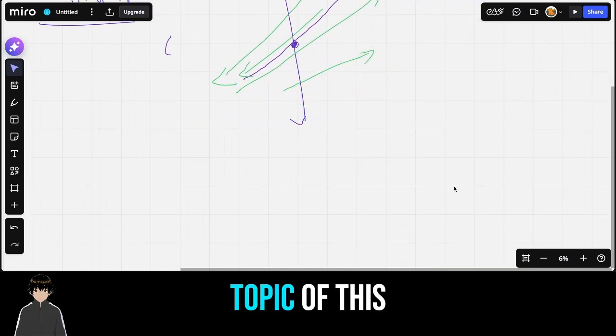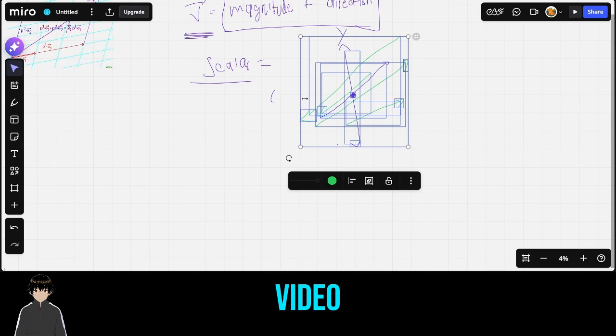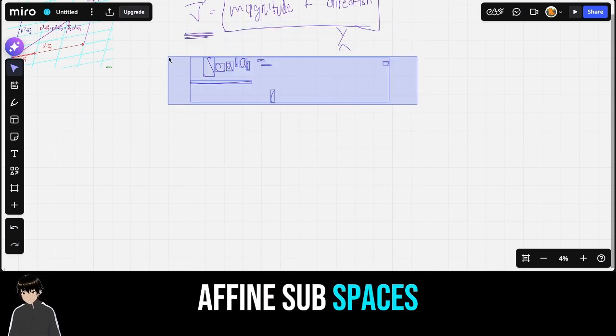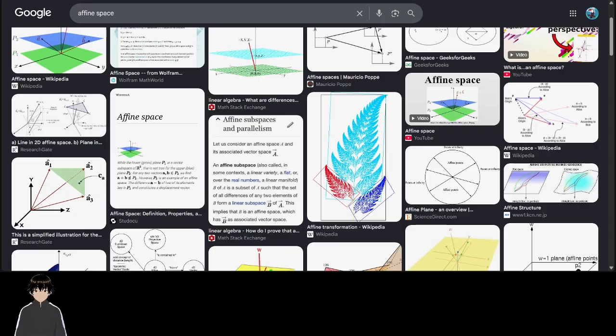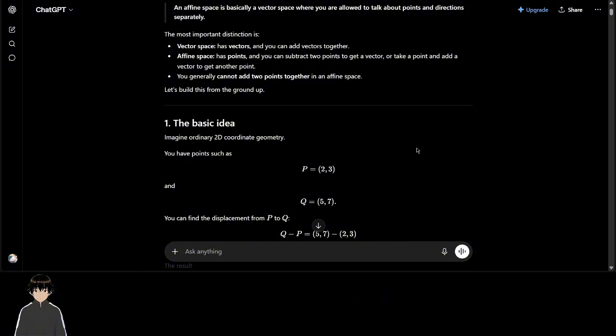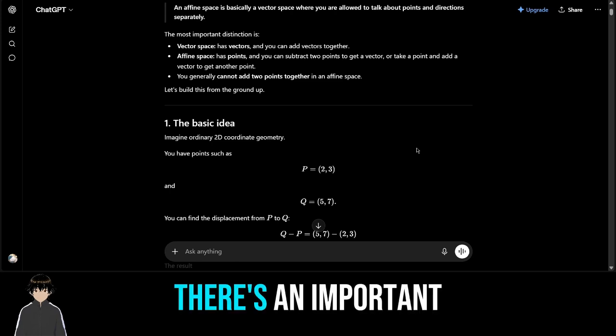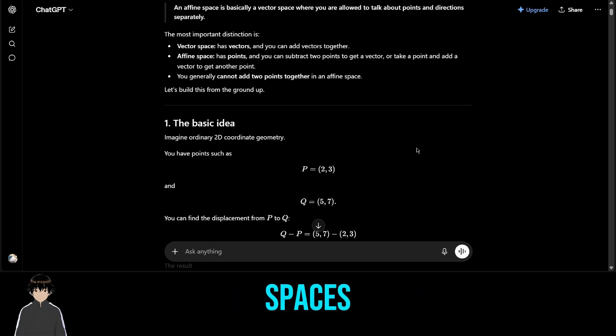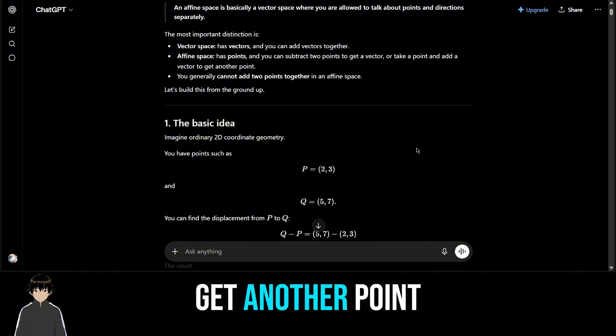Now let's talk about the main topic of this video, which is affine spaces. If you can see here in this definition, there's an important distinction between vector spaces and affine spaces. The vector space has vectors and you can add vectors together. The affine space has points and you can subtract 2 points to get a vector, or take a point and add a vector to get another point.